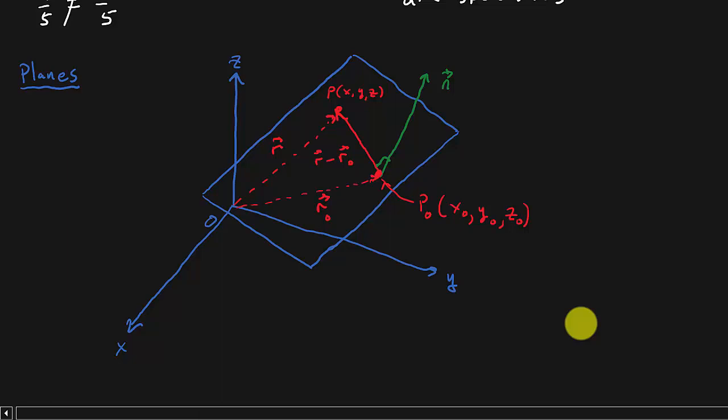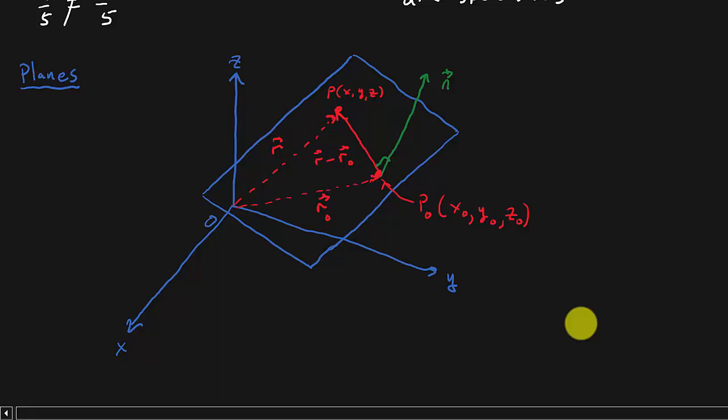Well, that's really not enough. That's not enough for the direction of the plane. Having a vector that's parallel. But what if we have a vector perpendicular to the plane?